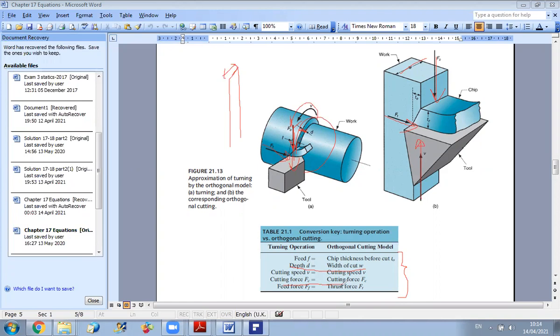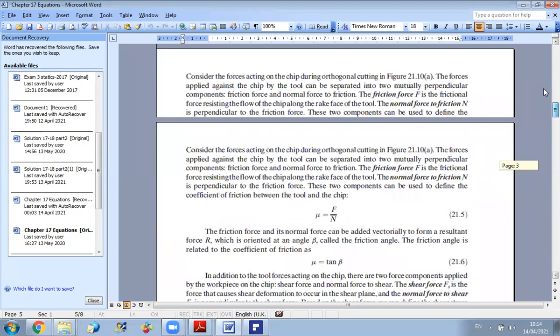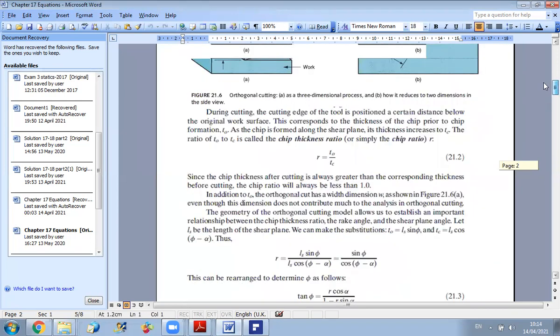The thrust force in orthogonal cutting is equivalent to the feed force in the turning operation, because the feed force is the one that is perpendicular to the cutting force. Okay. So now we will develop formulas for the orthogonal model, and then we will extrapolate them to the case of turning.